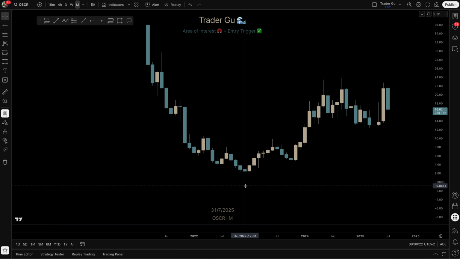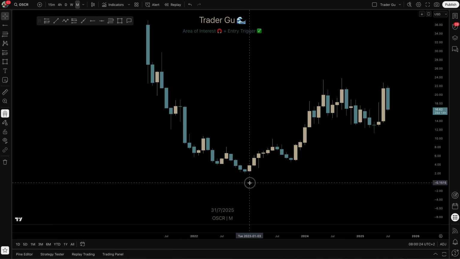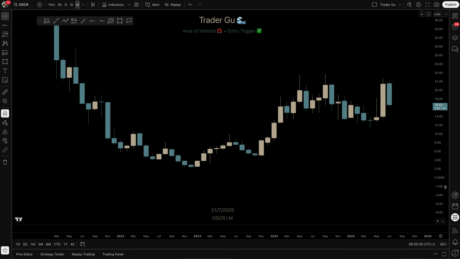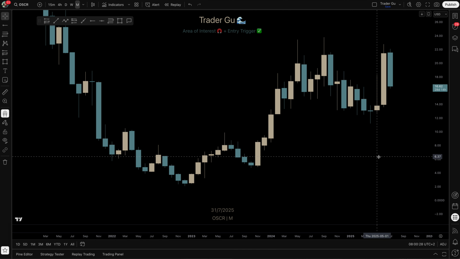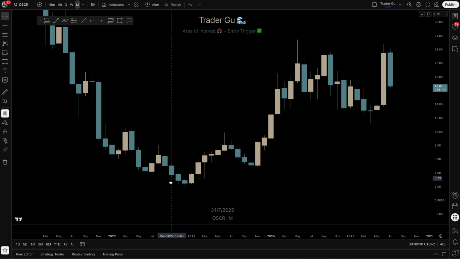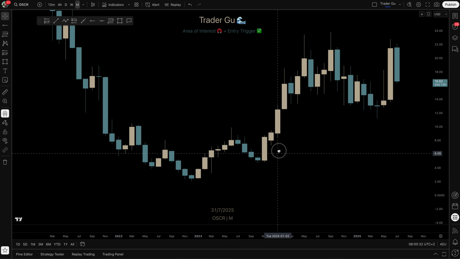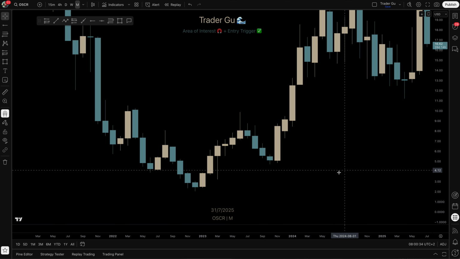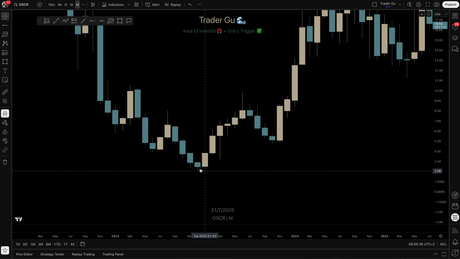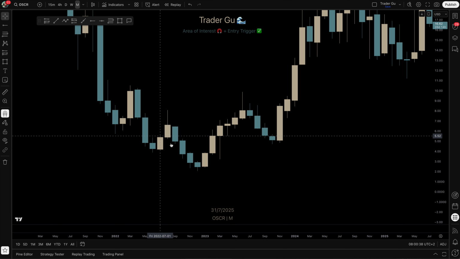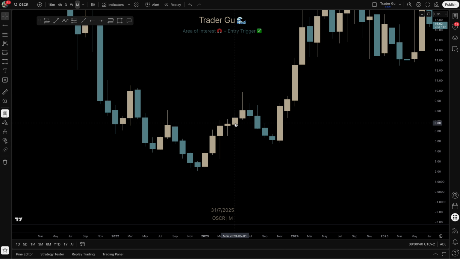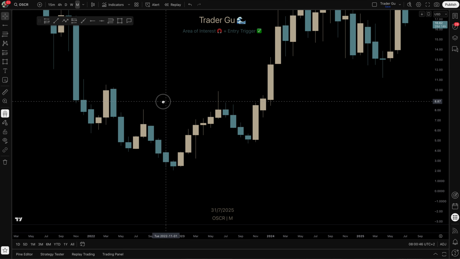But since the end of 2022, we have actually had a market structure shift, and since then a bullish direction. So we could actually see here from this bearish price action was invalidated or flipped back in middle of 2023.